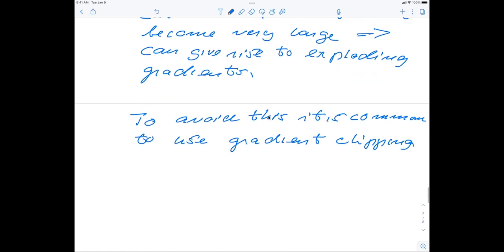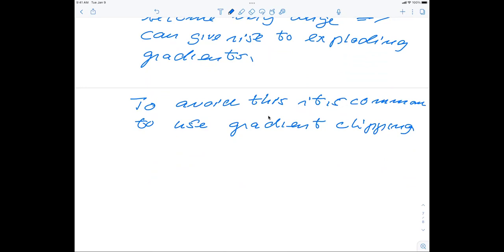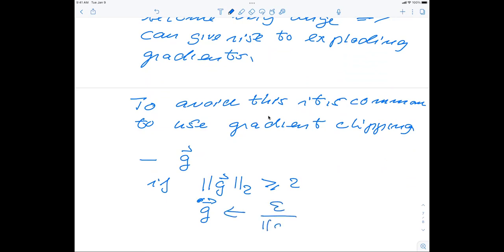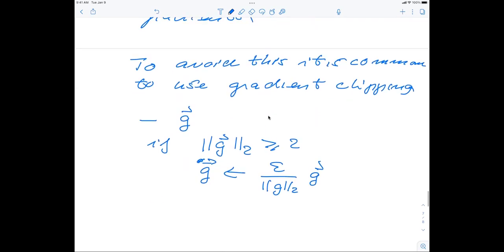And that means that if you compute the gradient, so suppose you have a gradient g, so we have computed that one, and then you would typically have a statement that if you compute the norm 2 of the gradient, and if this is larger than a certain value, then what you would do then is actually to compute the gradient by setting it back to a certain value where you divide by the norm of the gradient, norm 2, and where epsilon is a small parameter, and then end if.